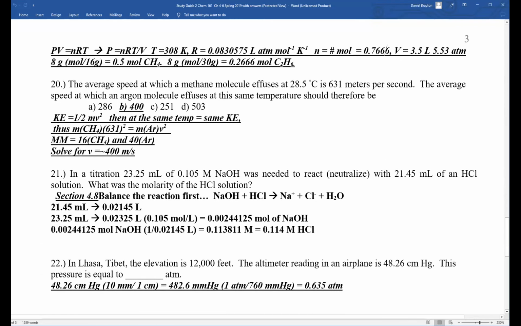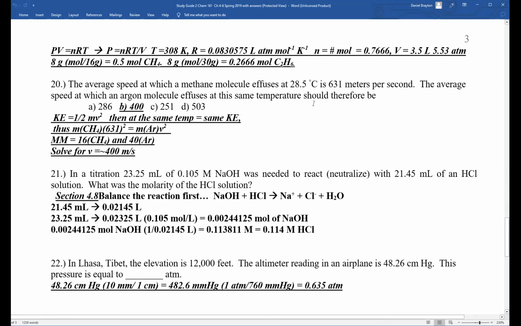20, the average speed at which a methane molecule effuses at 28.5 degrees is 631 meters per second. The average speed at which an argon molecule diffuses at the same temperature should therefore be... What this comes from is that section on gas molecules effusing and diffusing, and how if they're at the same temperature, then they have the same overall kinetic energy.